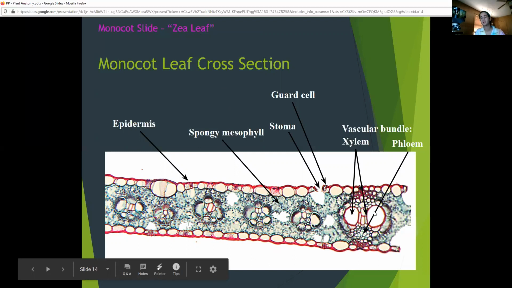Our two big eyes are our xylem, and then where the little mouth would be, the little screaming, horrific mouth, that's our phloem right there. You can see there's a little stoma, with the guard cells on either side. See a little opening on the inside. Very neat.